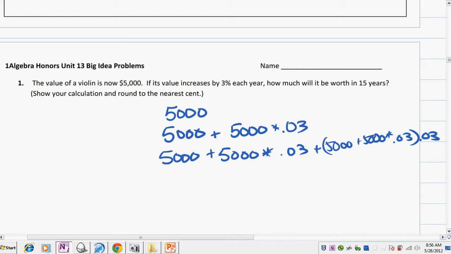And this becomes very tedious to do this way. But you might notice a couple things. The first is that this I could rewrite as 5,000 times, if I factor out of 5,000, I get 1 plus 0.03.